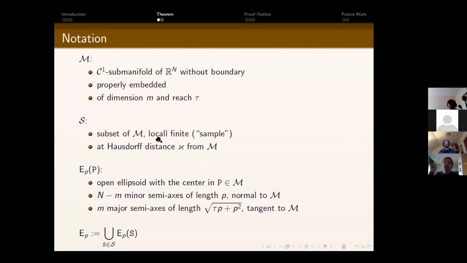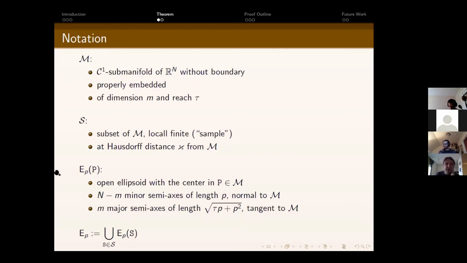This means every point in the Euclidean space has a neighborhood which contains only finitely many points of the sample. We want to have a bound again on how far sample points are from any point of the manifold. Again, we denote this by kappa.